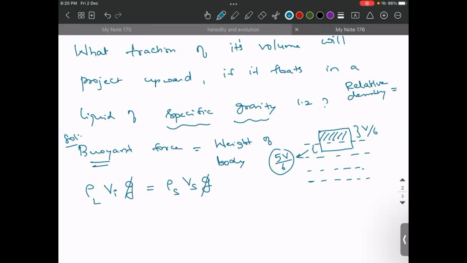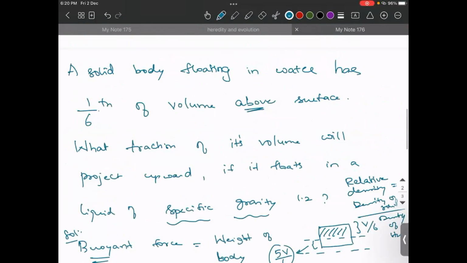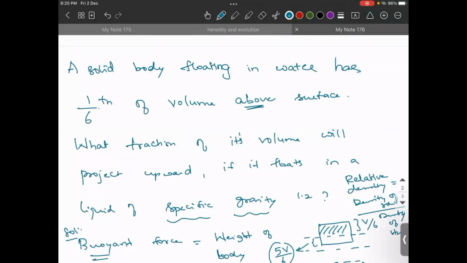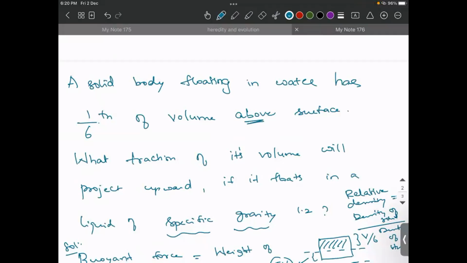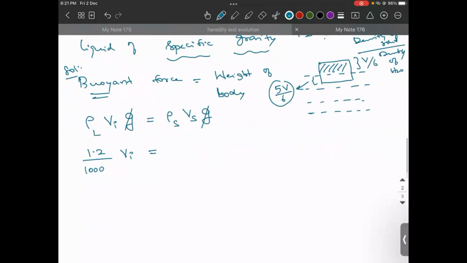The meaning of specific gravity is the density of substance by density of water. So that will be 1.2 divided by 1000 into volume of immersed portion is equal to what is the density of the solid? That they didn't give, no? So density of solid, they didn't actually give.